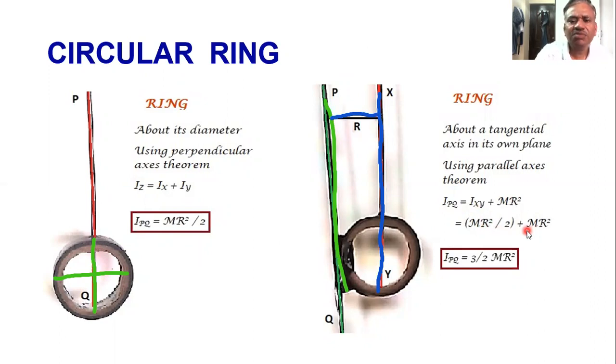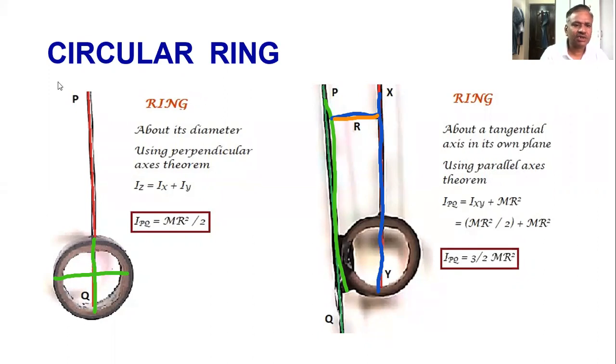Why is it r square? Because the distance between these two is r here. That's why it becomes 3 by 2 M r square. Otherwise, you can't do the problems on this.